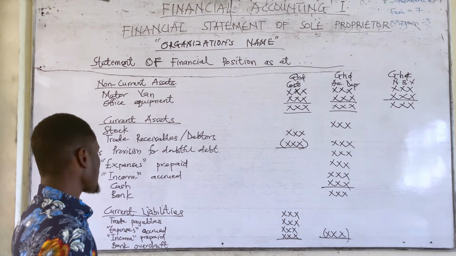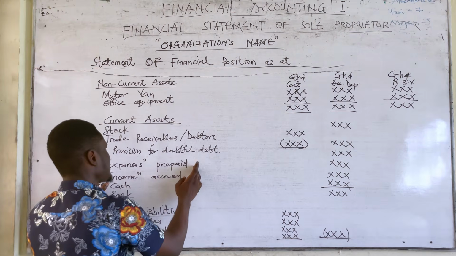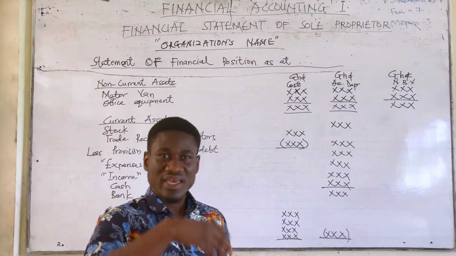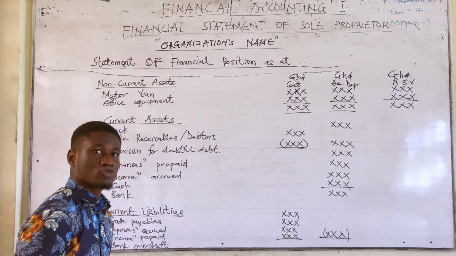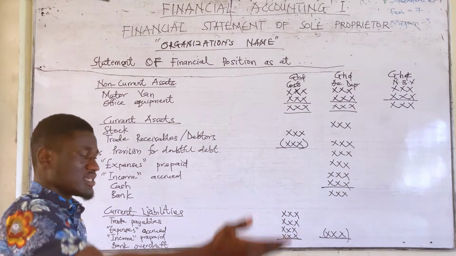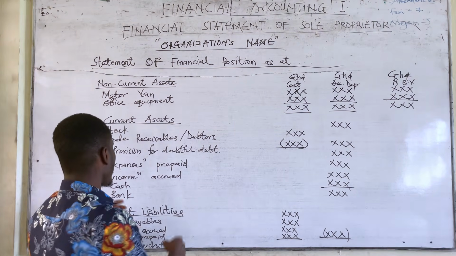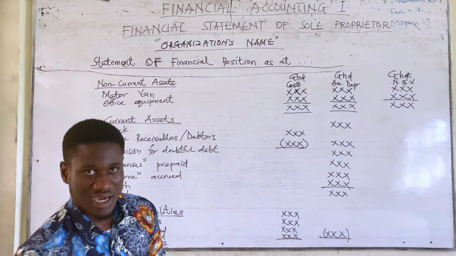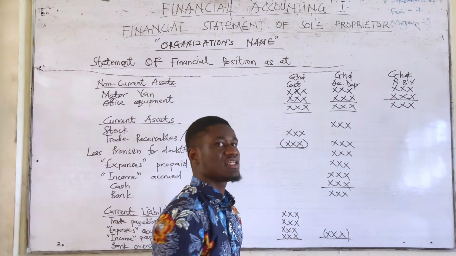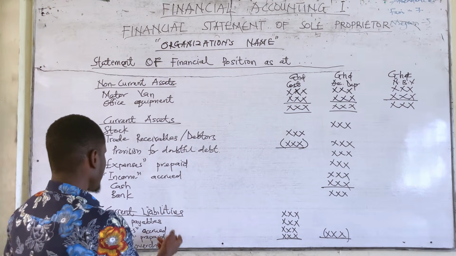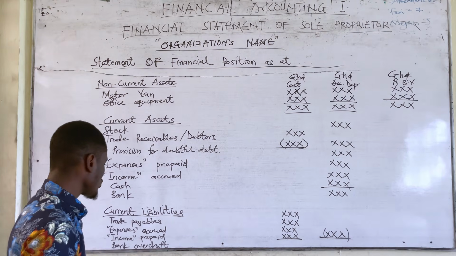Good. So the explanation here is that prepaid expense is an asset because if we've been able to pay our expenses in advance, it's going to serve as a benefit in the next period. Do you get it? If we are owed an income, it's going to be deferred to the next period, which is going to be a benefit to us. Same to the expenses accrued.